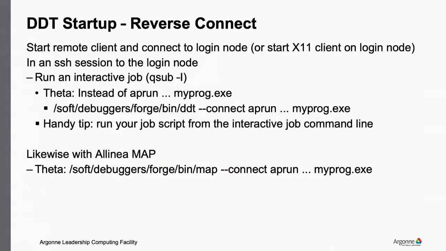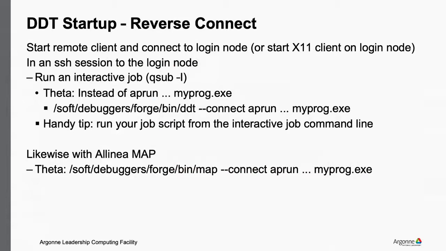Should I let it? And you'll say, yeah, that's me. So you just click OK. And then you'll be connected, and you can proceed with your debugging session the same way you would with any DDT session. And once again, using DDT is fairly straightforward, but it's beyond the scope of this talk. And I'll be happy to walk you through it if you've never used it before.